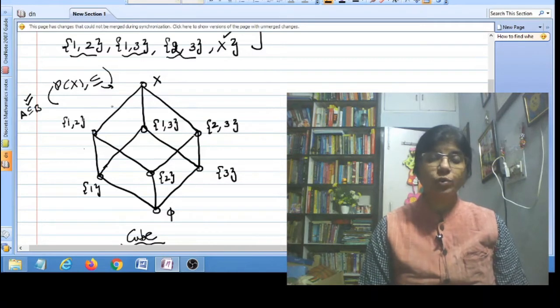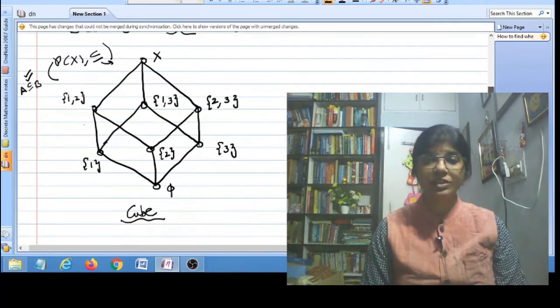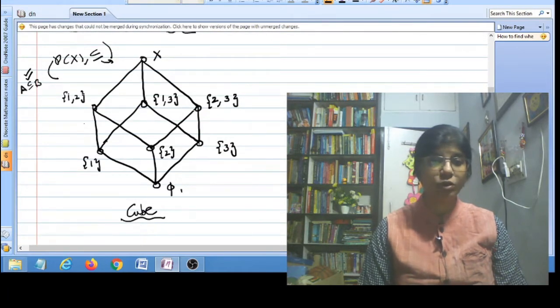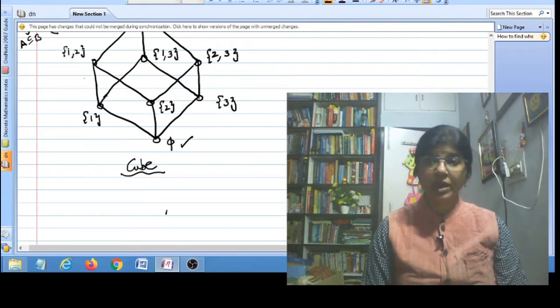So with respect to this inclusion relation, this is how the Hasse diagram of the power set of X looks, where phi is at the bottom, because phi is related to every subset.